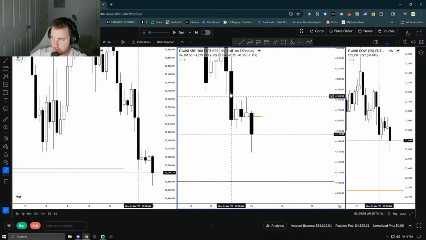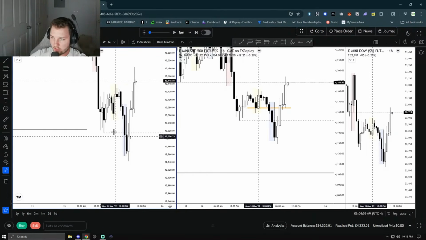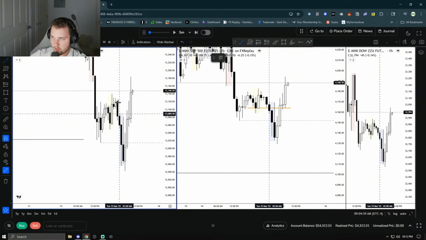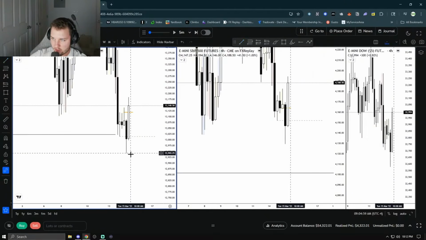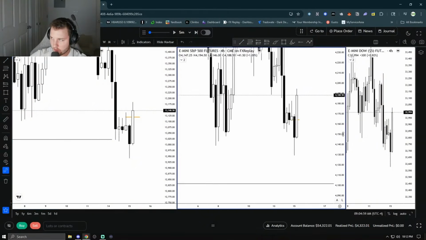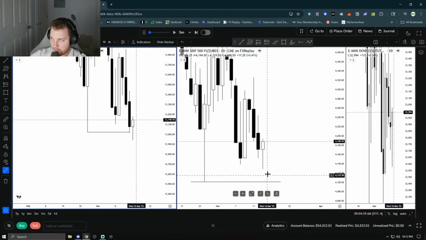Opening high instead of a gap. Okay. It's pretty obvious we have a clear area to trade away from. But where to? That's the question, right?